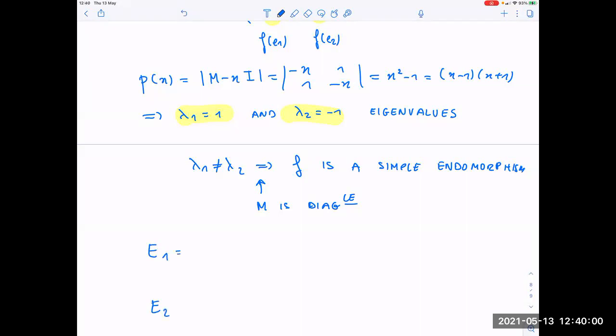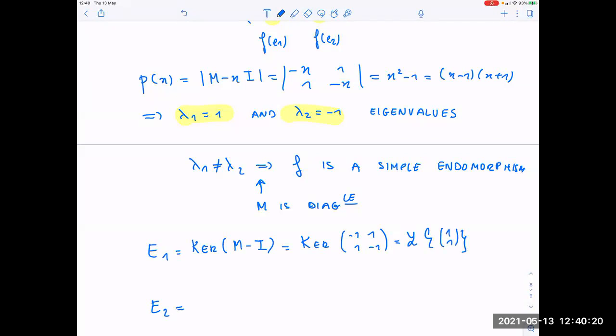So what are they? Well, the kernel of M minus the identity. So the kernel of the matrix (minus 1, 1; 1, minus 1). So it is the linear span of (1, 1).